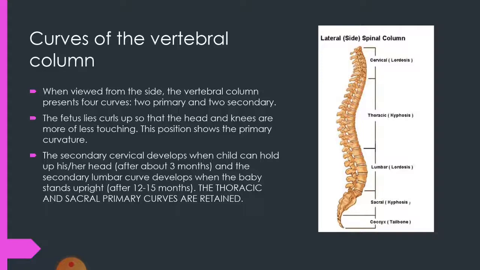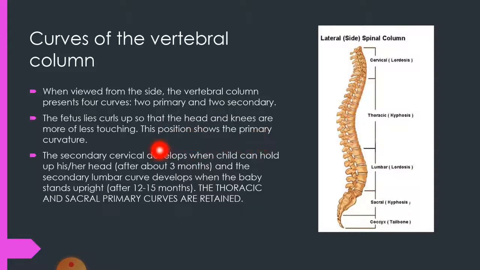Next are the curves of the vertebral column, and these are also very important. You can appreciate these curves when you look at the vertebral column from the side. When viewed from the side, the vertebral column presents 4 curves, 2 primary and 2 secondary curves. The fetus lies skull up so that the head and knees are more or less touching.